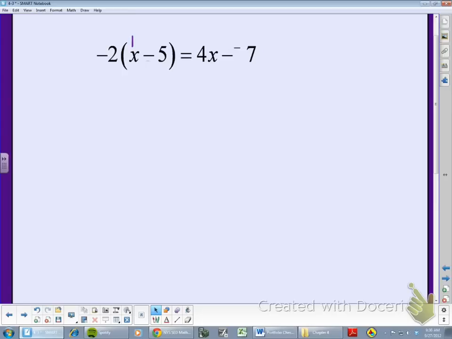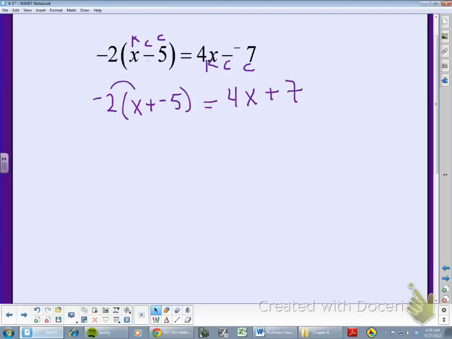Okay, so I didn't give myself a lot of space on the top here. I'm going to use keep, change within the parentheses here, and then I'm going to use keep, change underneath right there too. Okay, so -2 is still on the outside, and then I have x plus -5 is equal to, okay, keep the 4x, I change that subtraction to addition, and I change the -7 to a +7.